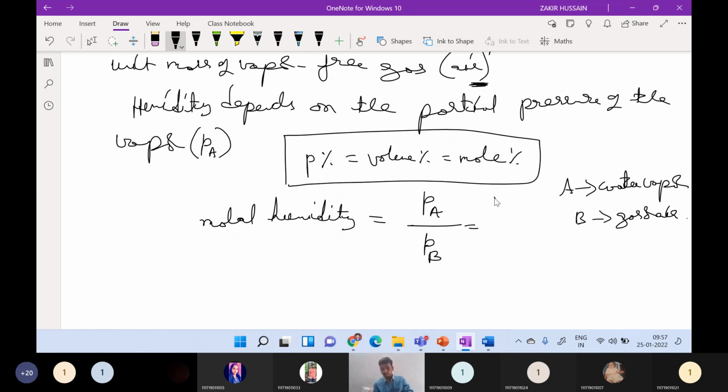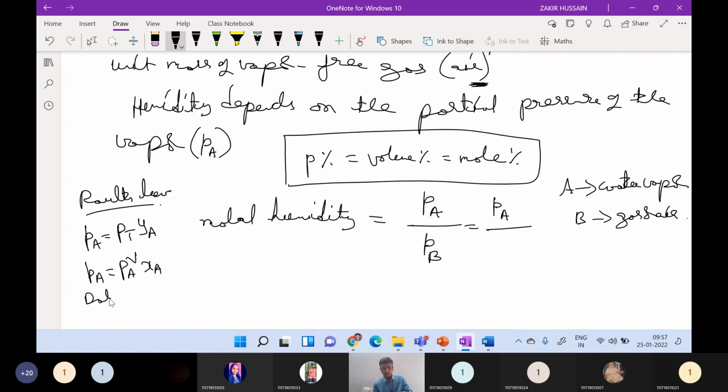We already know Raoult's law. What is Raoult's law? Partial pressure is equal to vapor pressure into mole fraction in the liquid phase, and for the gas phase, total pressure into mole fraction in the gas phase.